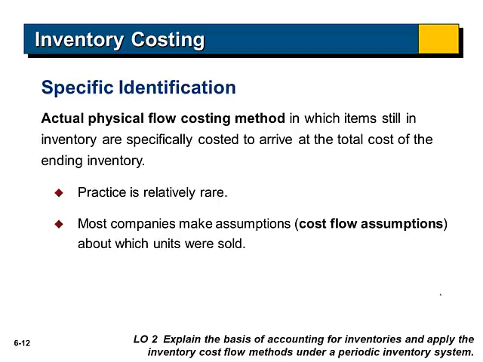Most companies make cost flow assumptions about which units were sold. Companies that might use specific identification are ones that sell very large, very unique items, like maybe airplane sales or antique furniture sales, because antique furniture are probably all very unique pieces, and so you can specifically identify the costs of any antique furniture that you are selling.